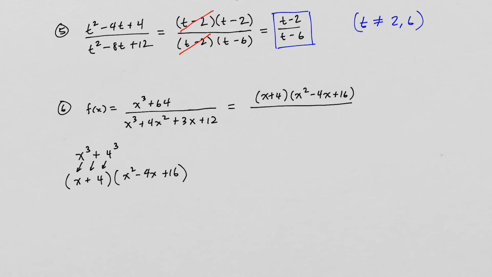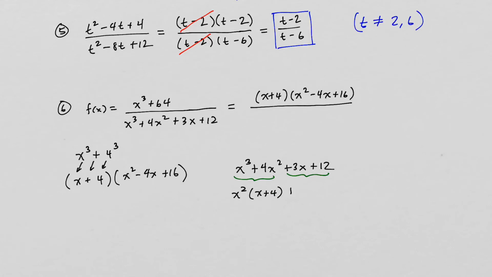And then the denominator also factors, but it factors a little bit differently. So let's look at the denominator now. x cubed plus 4x squared plus 3x plus 12. And we're going to factor this by grouping. Out of the first two terms, we can pull out an x squared, which leaves us with x plus 4.